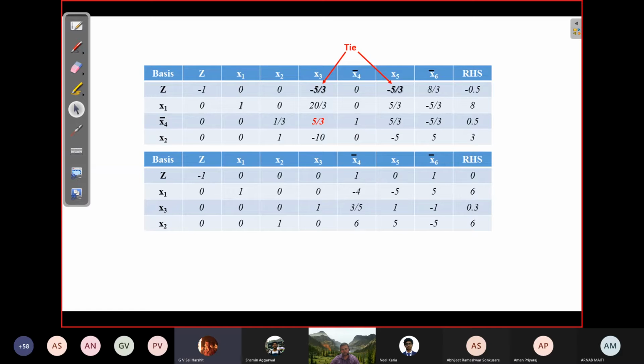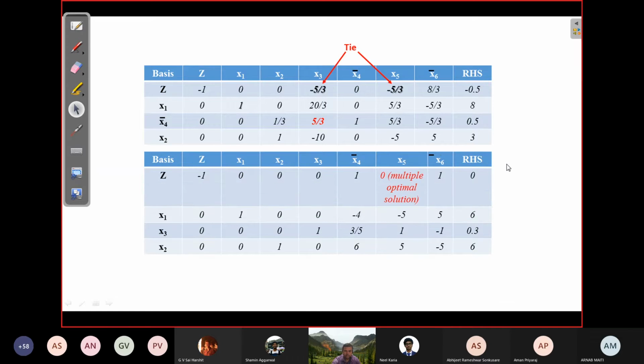So here, what is that variable? x5. So x5 is non-basic, but its coefficient is 0, which means that there exists another solution which is equally optimal. Even if you enter x5 here, you'll get another solution, but the objective value will remain the same. So by observing this, you declare that there exist multiple optimal solutions.